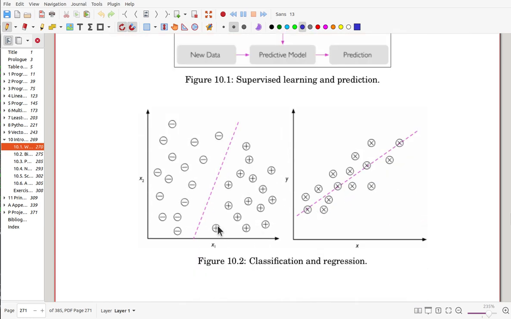As in this figure, learning is making a model, a function, like this hyperplane. Once there are two classes in the data set, we try to find a line or a hyperplane such that, once a new point comes, the value can be negative or positive, so that it can be decided.